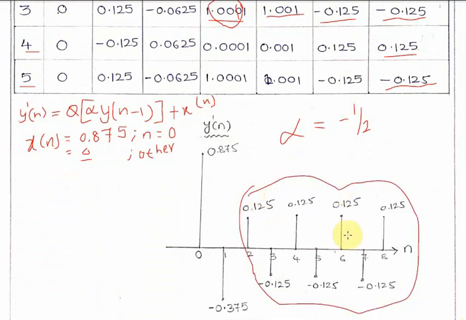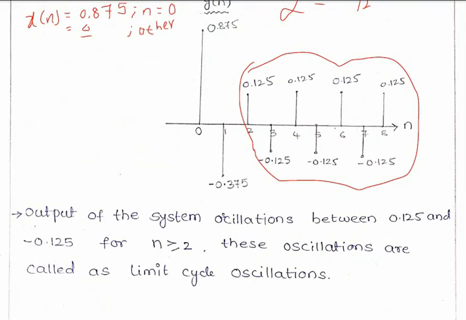These periodic oscillations are called limit cycles. The output of the system oscillates between 0.125 and minus 0.125 for n greater than or equal to 2. These oscillations are called limit cycle oscillations.